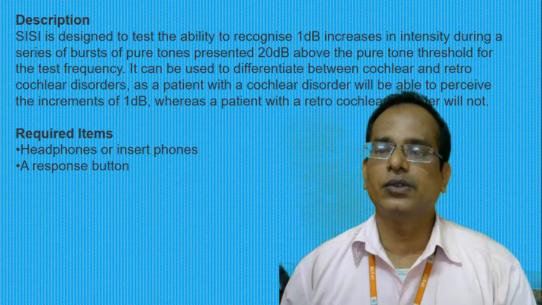It can be used to differentiate between cochlear and retrocochlear disorders, as the patient with a cochlear disorder will be able to perceive the increment of 1 dB, whereas the patient with a retrocochlear disorder will not. The requirements for the SISI test are: first, headphones or insert phones, and second, a response button.